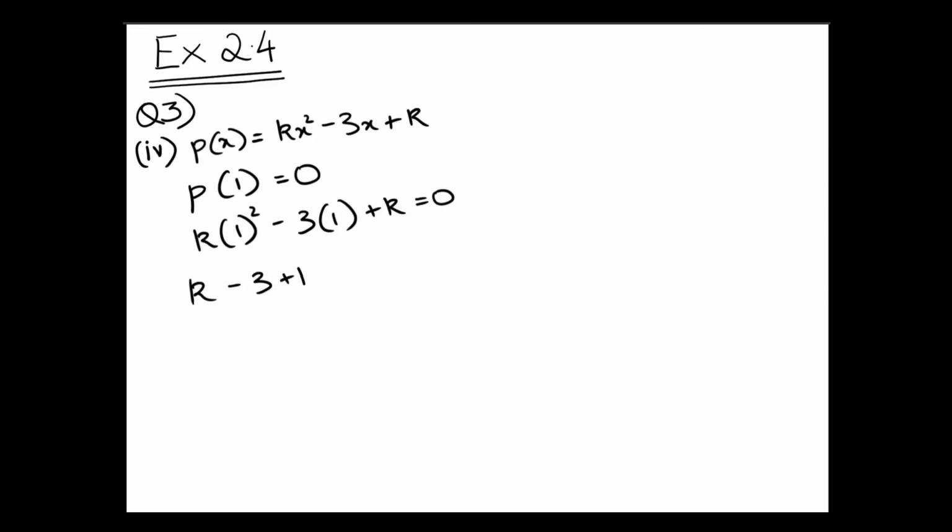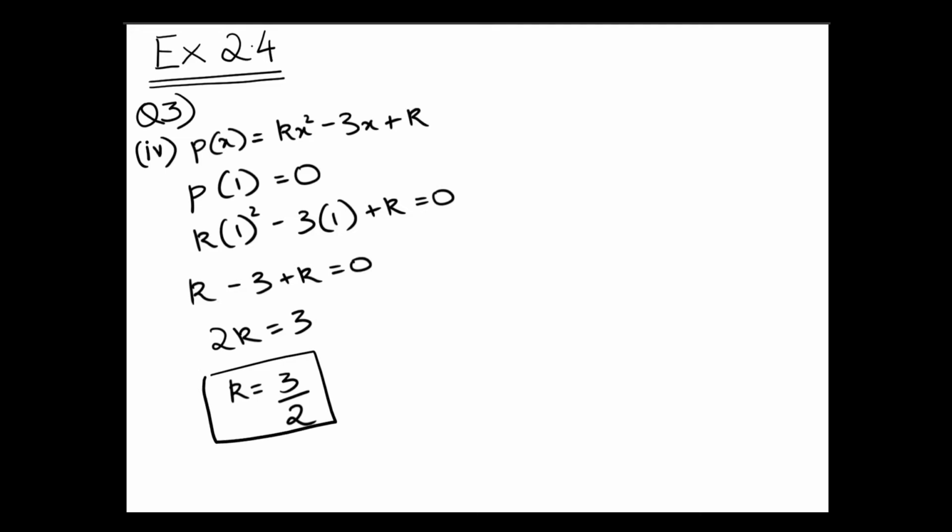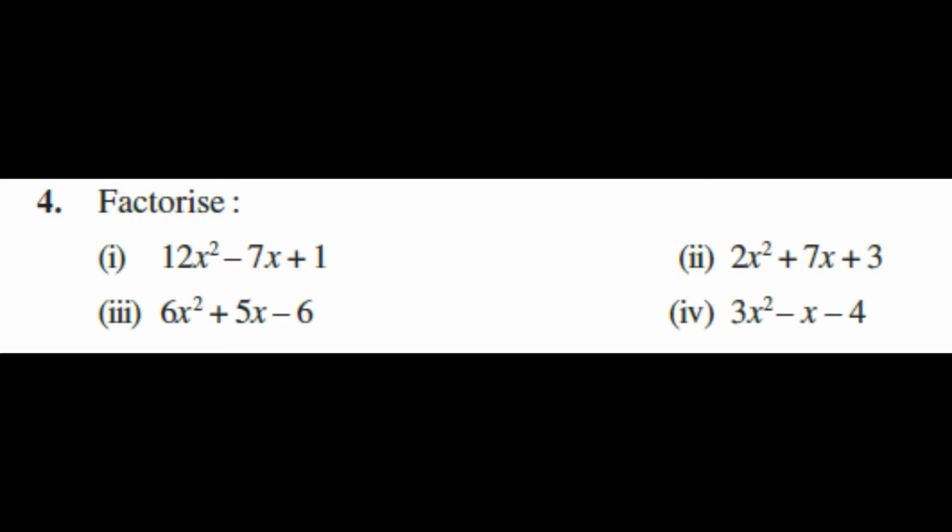This results in k minus 3 plus k is equal to 0. This gives us 2k is equal to 3, or k is equal to 3 by 2. That's the solution for the fourth part. This brings us to the end of question number 3.